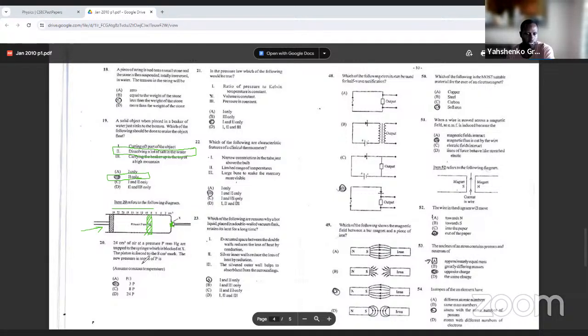The new pressure in terms of P is, okay, assume constant temperature. All right, so we're looking at this law now that says pressure is inversely proportional to volume. So if you increase the volume, that will decrease the pressure. If you decrease the pressure, that will increase the volume.